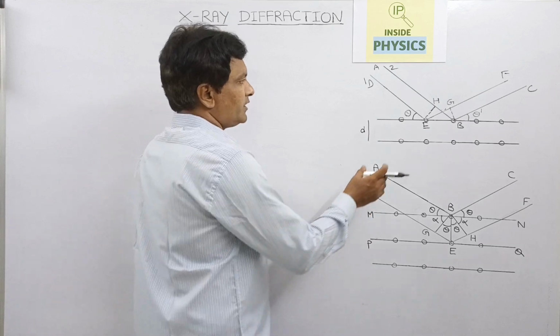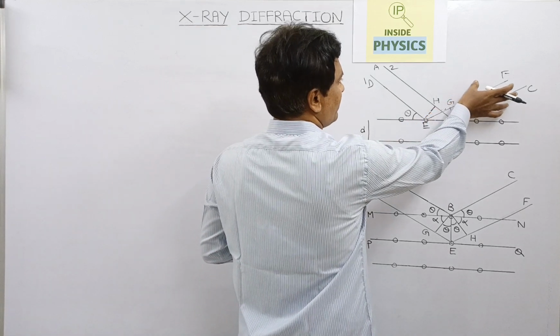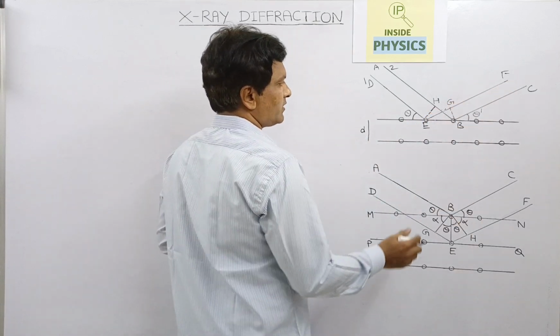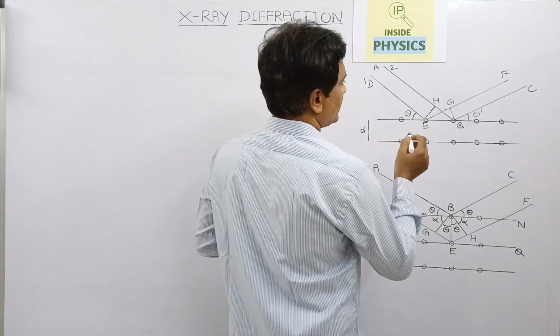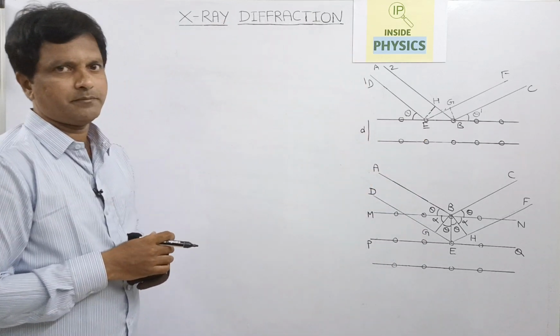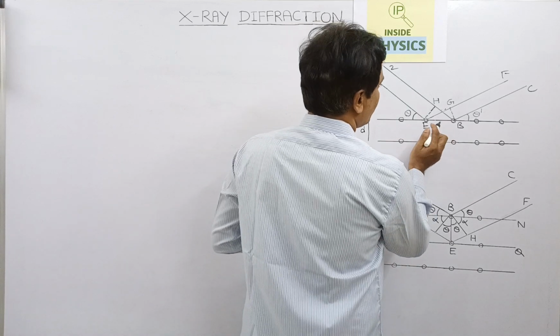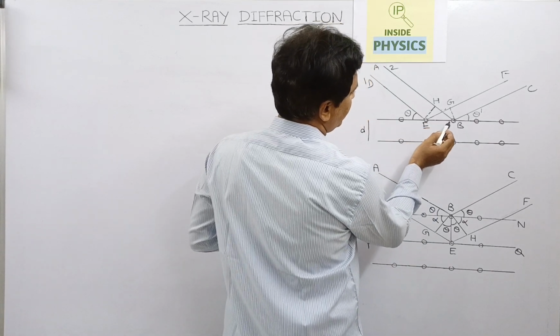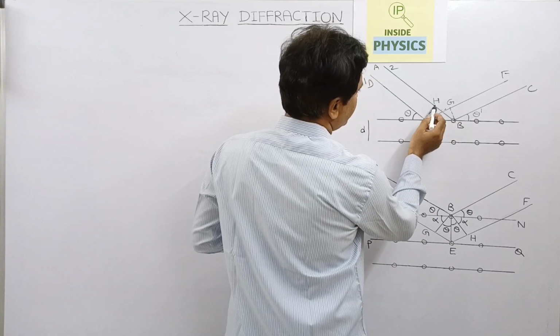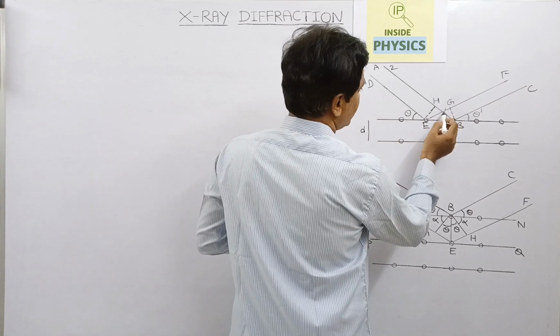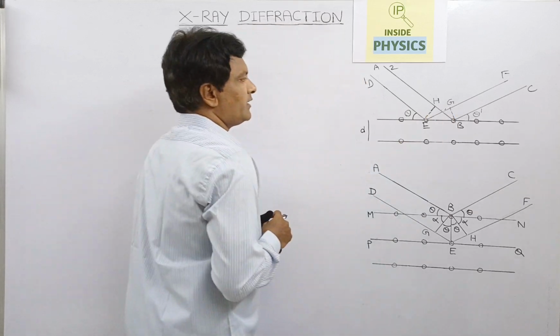So if it is having constructive interference, it means the path difference must be the same. The path difference must be equal. What is the path difference here? See, this BH is the path difference and GE is the path difference.